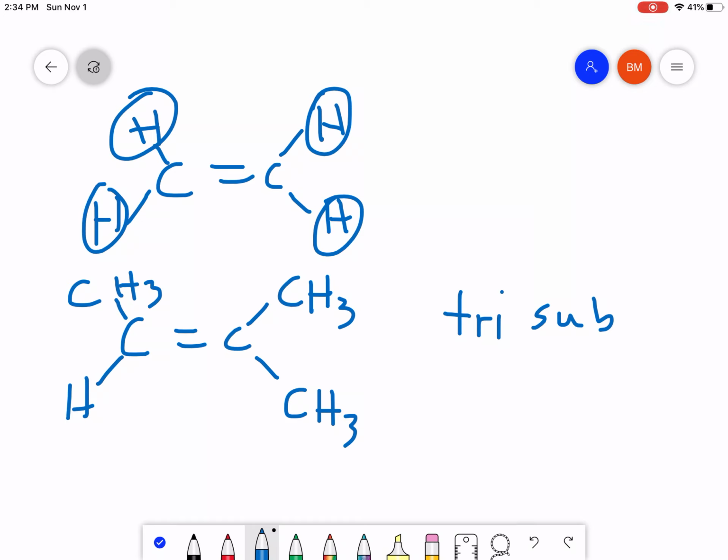And lastly, we can substitute out the other one, like that. That is a tetrasubstituted alkene. Okay, so you see there's several different substitution patterns that exist with alkenes.